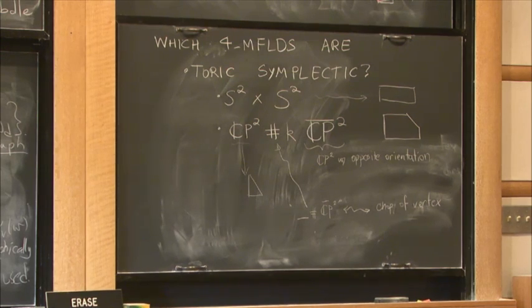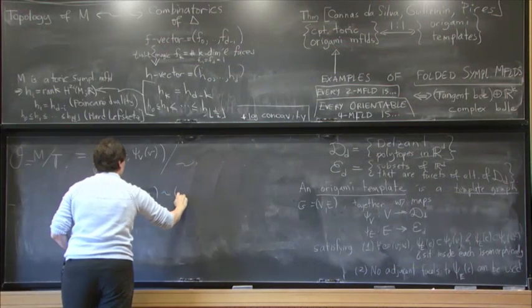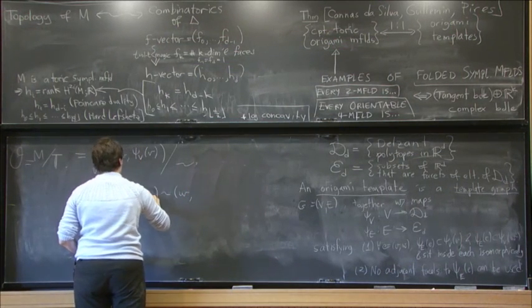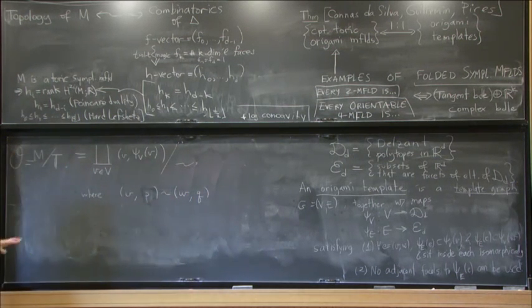V comma P, V comma Q is adjacent to W. Well, first I'm explaining what the orbit space should be. This is where I actually glue. Abstractly, I just have a bunch of polytopes with some facets noted, and now I'm actually gluing them together.